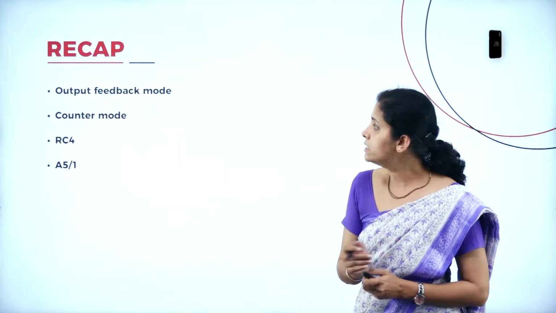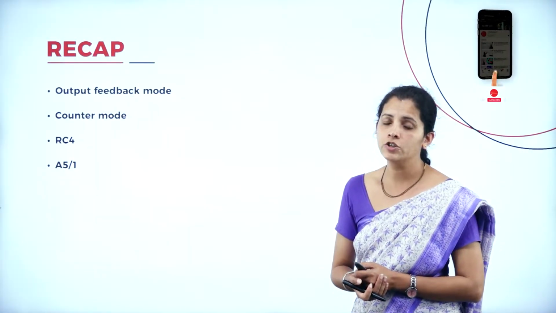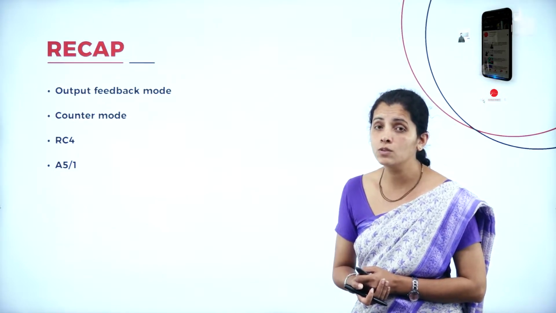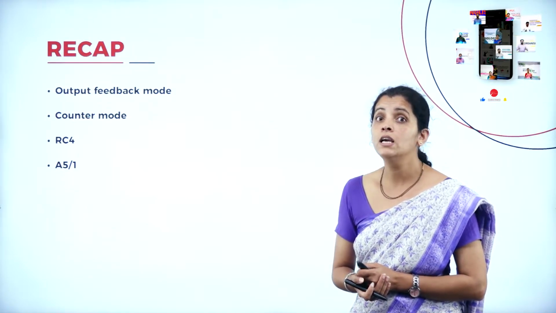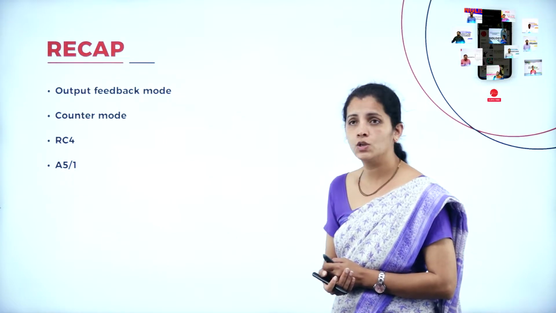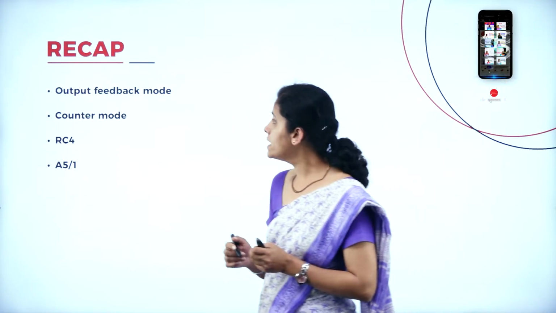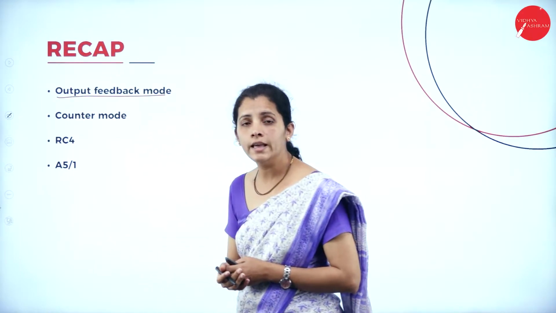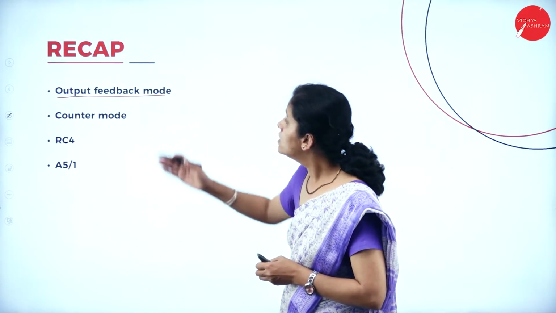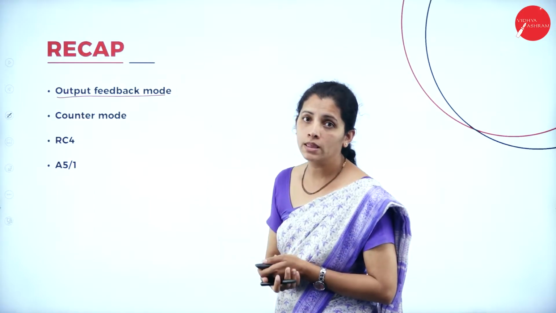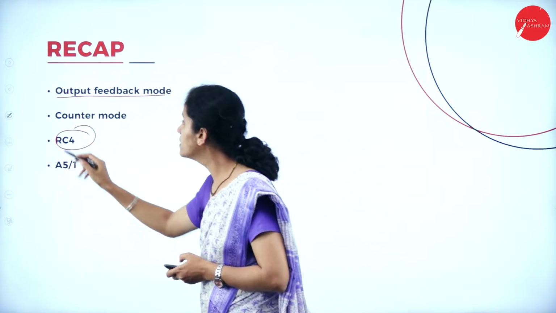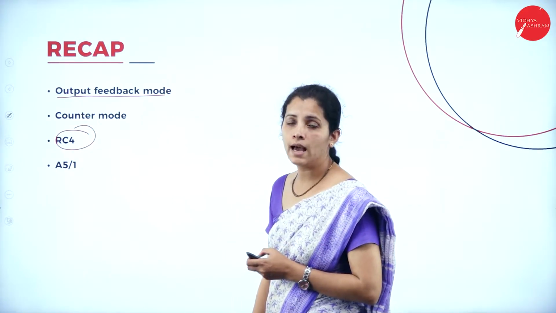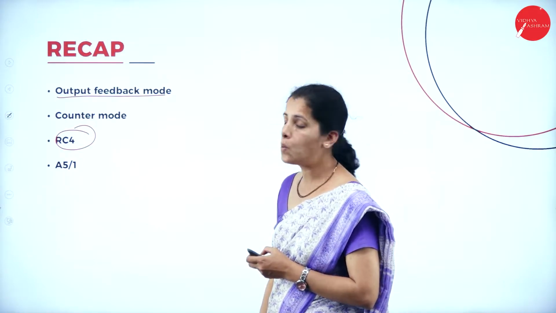So dear student, before going to my today's session, let me recall what I covered in my last session of this unit. There I started with output feedback mode, then I explained counter mode. Along with that, I covered RC4 as well as A5/1.